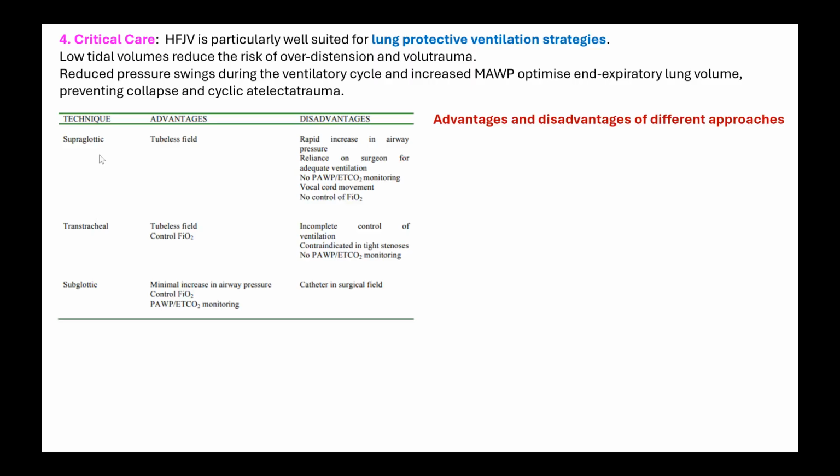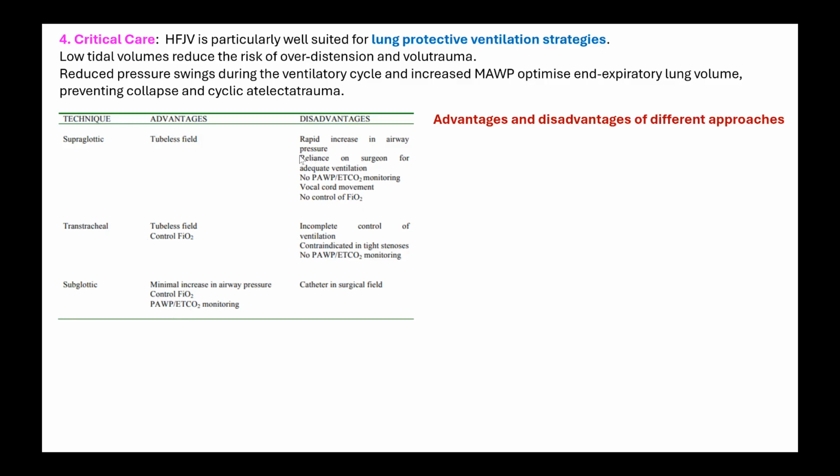That is, high frequency ventilation can be provided at the supraglottic level, or transtracheal level, and subglottic level, and that provides a tubeless anesthesia technique or ventilatory technique. The transtracheal is also tubeless, which can control the FiO2, and subglottic has minimal increase in airway pressure, better control of FiO2, and airway ETCO2 monitoring also is possible in the subglottic.